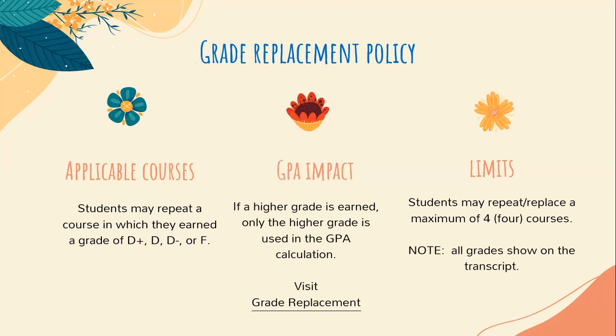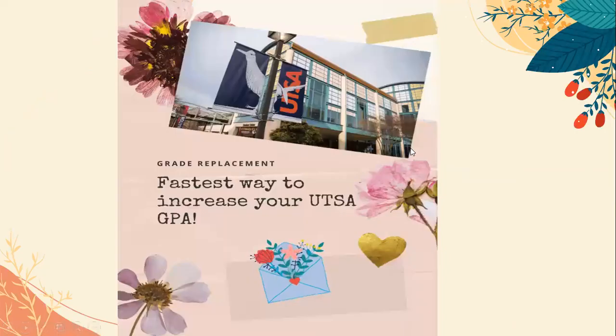However, only the higher grade is going to be used in the GPA calculation. And because of that, grade replacement is the fastest way to increase your UTSA GPA. And for students that are on probation, it is the fastest way to retain or to return to good academic standing.